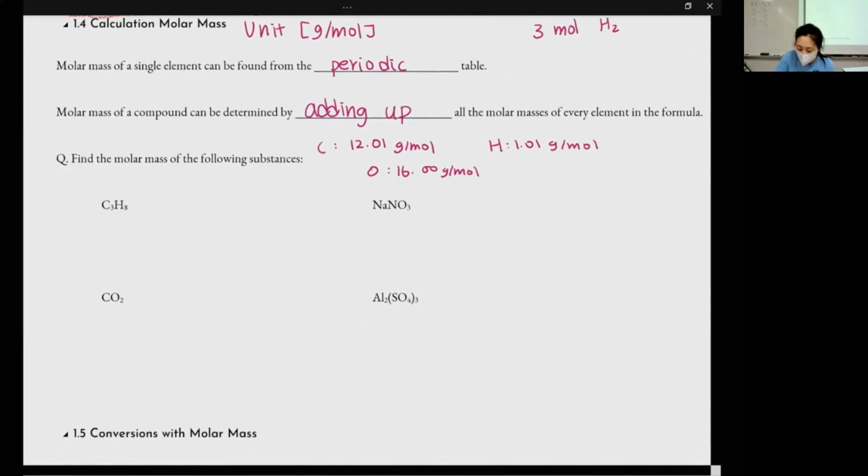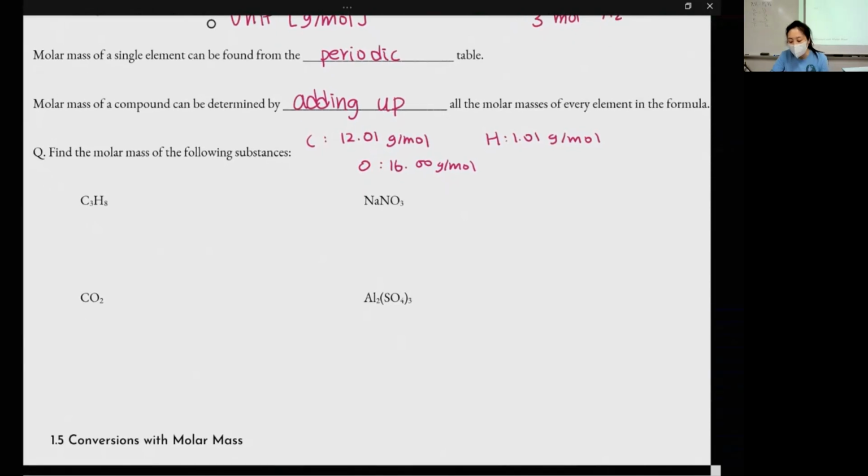So for C3H8, what we want to do first is list how many of each element you have. Carbon, you have 3. Hydrogen, you have 8. We're going to multiply each number by its molar mass.